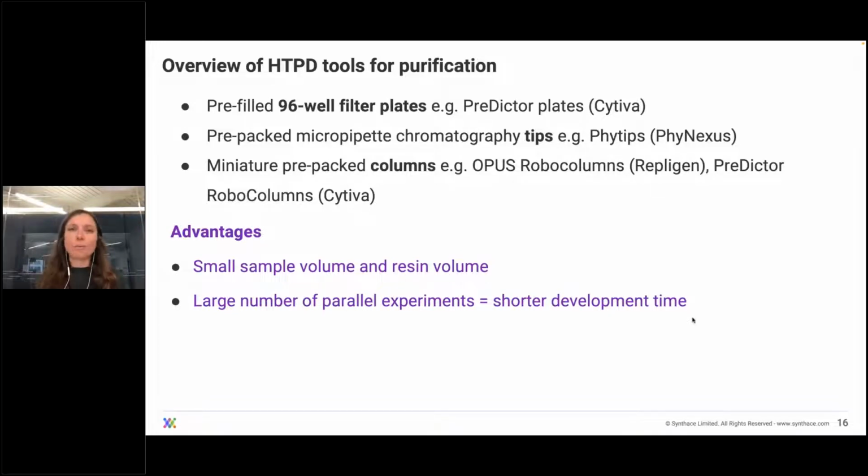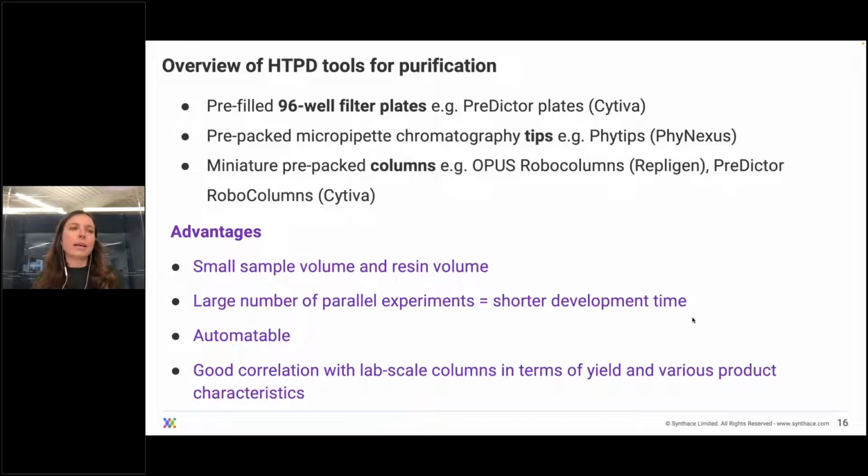So imagine one benchtop scale run is still one column, whereas with this, you can run many in parallel. And what's also important is that they're automatable, which means you don't have to do this manually. You set up the method and walk away. And most importantly, there's many studies out there that actually show there's really good correlation with lab scale columns, both in terms of yield and also various other product characteristics.